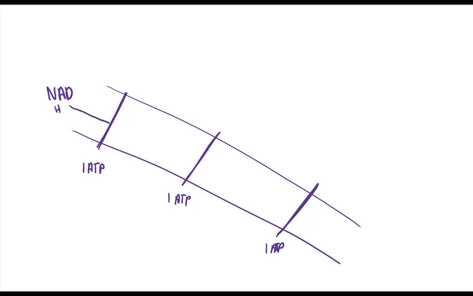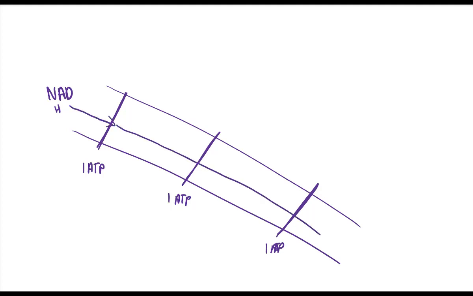Now, just to revisit this point about the hydrogen being passed along, imagine we've got a motorway here, and along the motorway there are 3 little toll bridges. To go through each toll bridge you have to pay, and guess what the cost is? It is 1 ATP. So little NAD starts its journey from here, and it travels along this motorway.